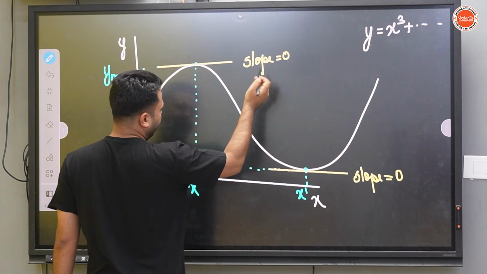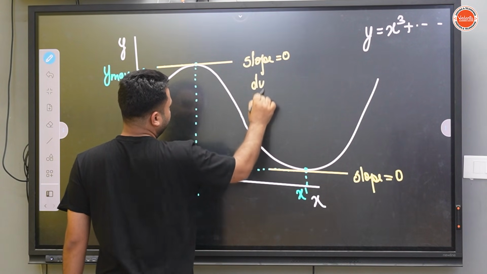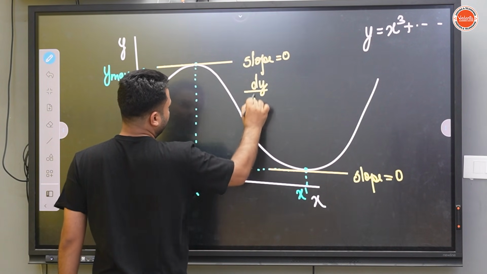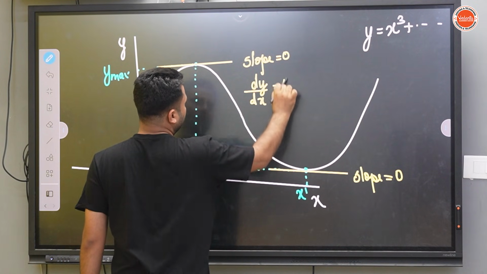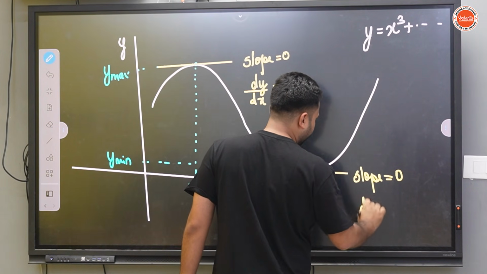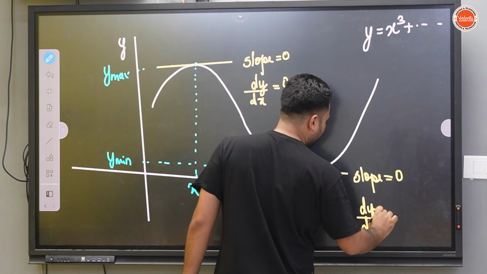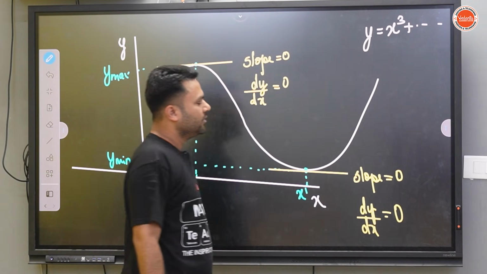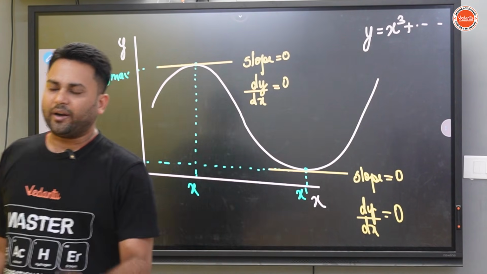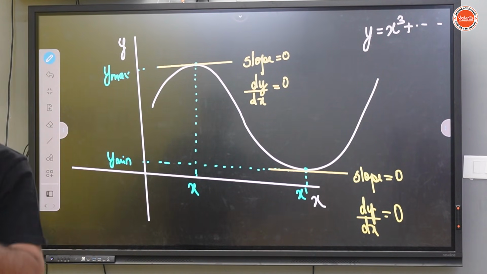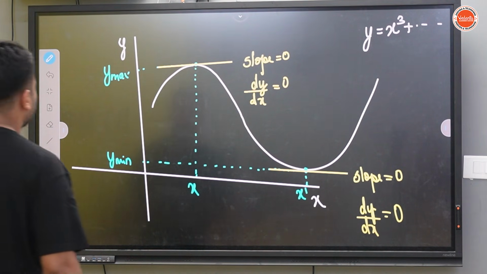And what is slope? dy by dx, means dy by dx is 0. Similarly dy by dx is 0. So at both these cases, at maximum case and minimum case, dy by dx value has to be 0. Always understand.